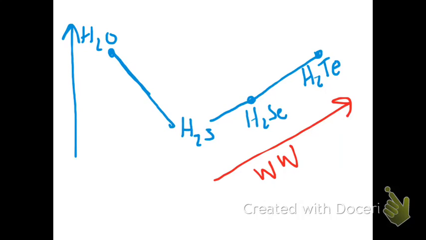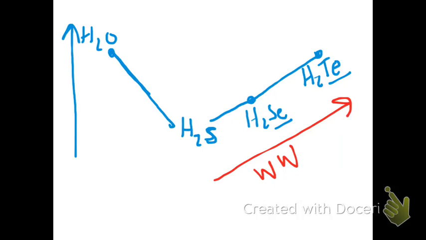So this part of the trend should make sense, because sulfur here is smaller than selenium, and selenium is smaller than tellurium. So the molecular weight's increasing, therefore the intermolecular forces are increasing.